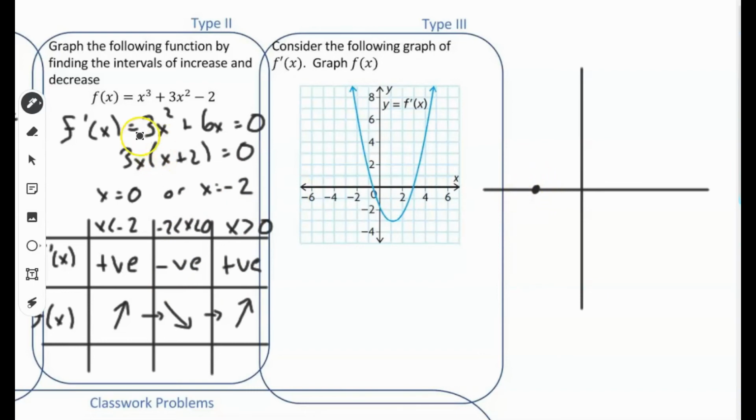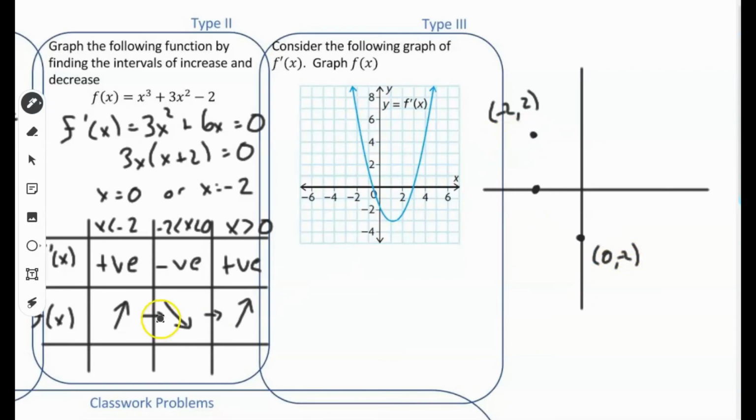And you can sub in -2 into the original function, and you would actually get -2 and 2 right here. So we have a horizontal tangent there. And then at 0, if you sub in 0, you get 0 and -2. So right here, we have a horizontal tangent.